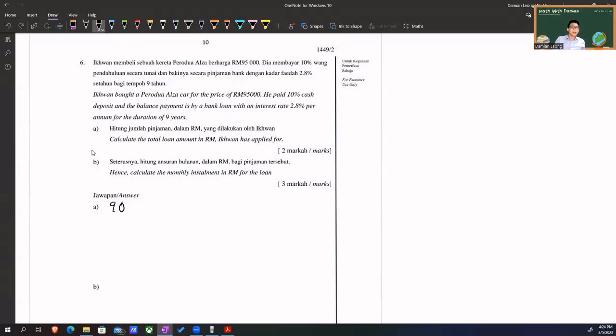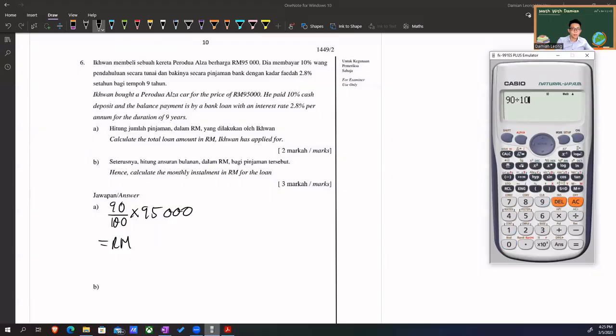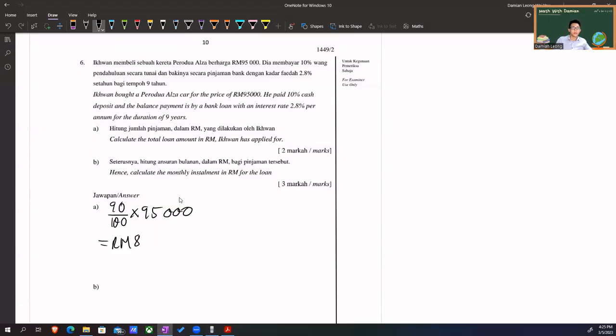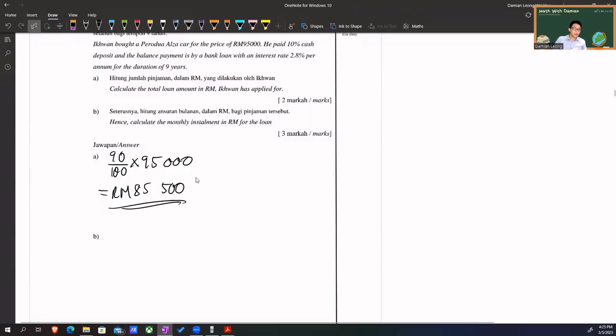So I take 100% take out 10%, so left 90% of the 95,000 ringgit. So 90% times 95,000 is 85,500 ringgit. And for B, I want to calculate the monthly installment. So first we find the total amount, the total amount that he has to pay back, which is the principal plus the interest.